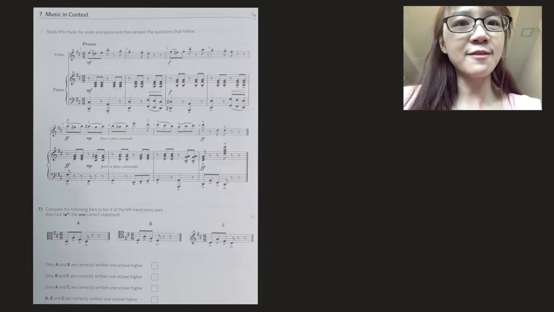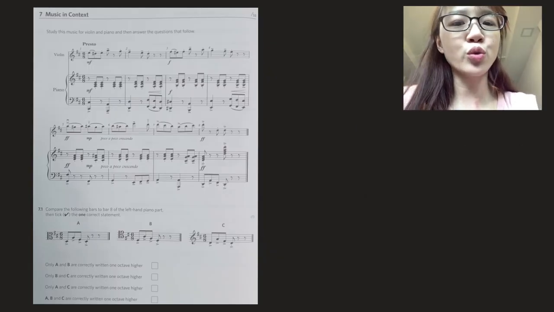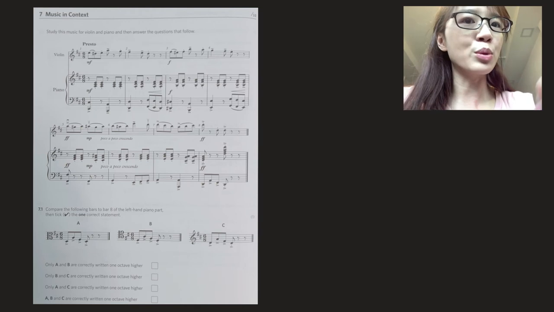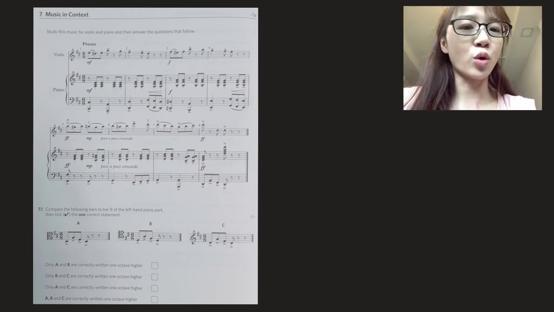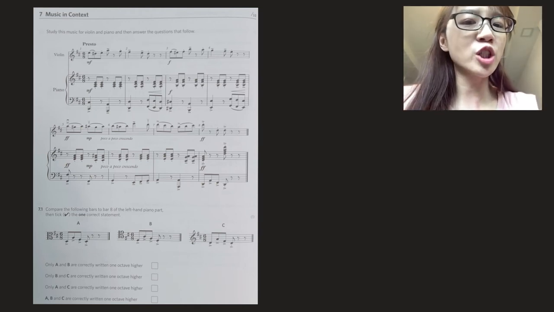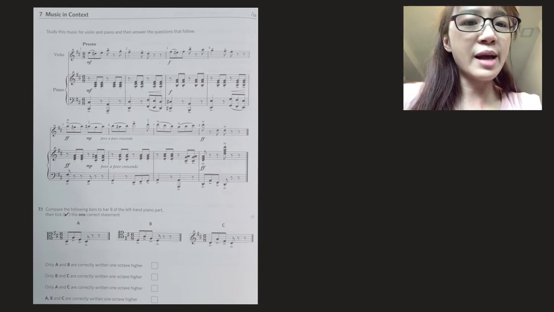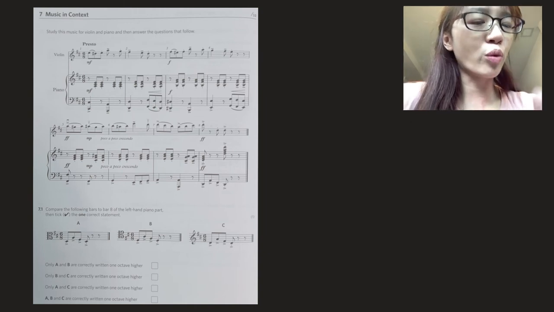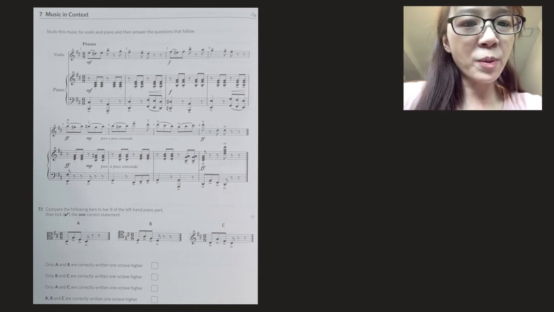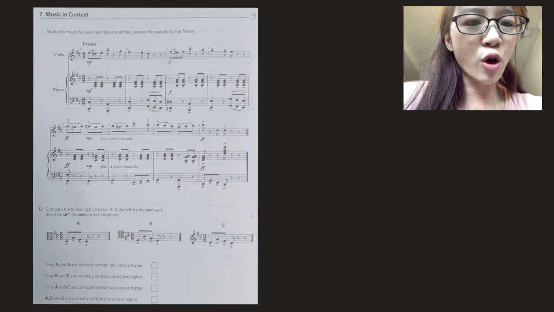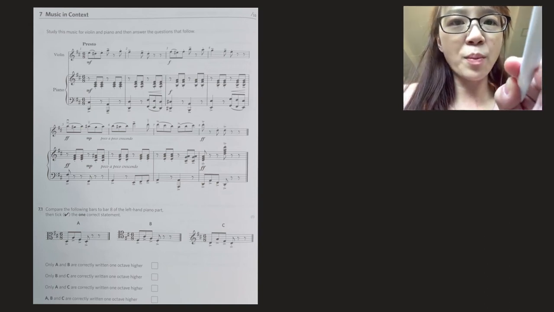For question 7, the student is required to read this music in context and answer the question. Question 7.1 requires the student to have knowledge of the middle C and compare the following with one of the bars. So this is to compare the following bars to bar 8 of the left hand piano part.